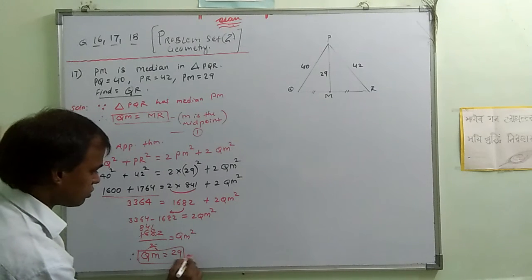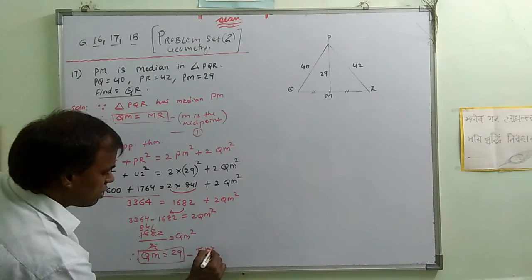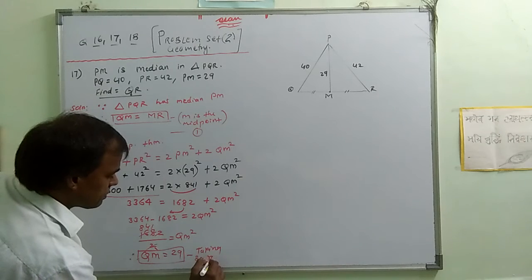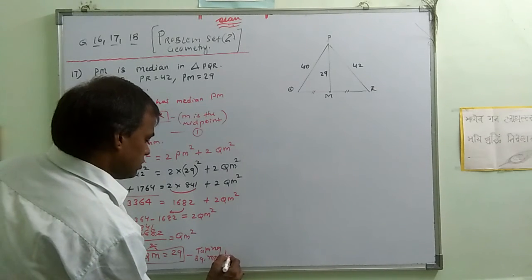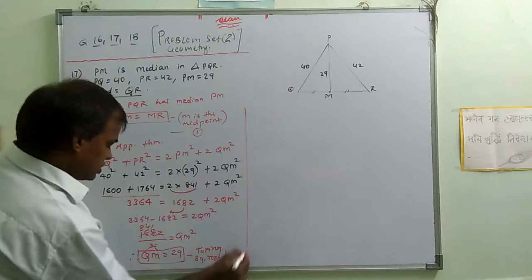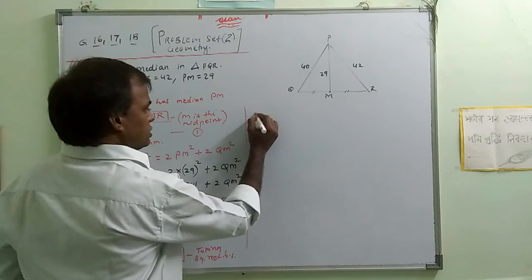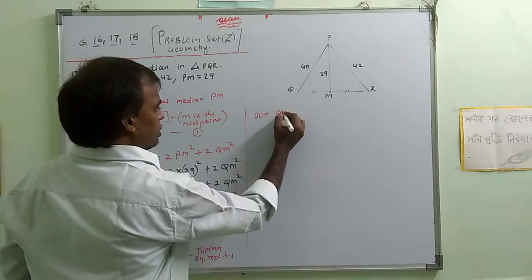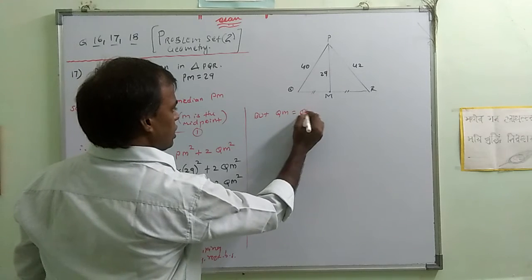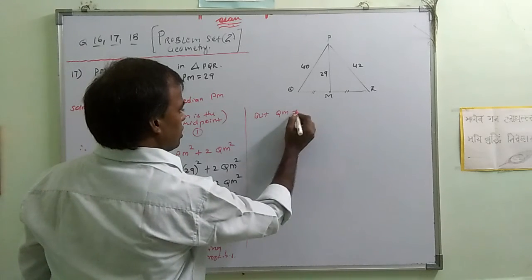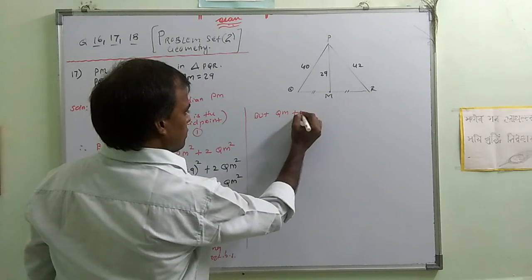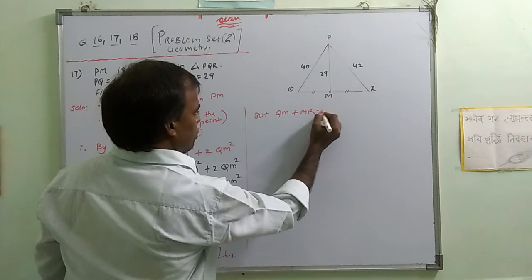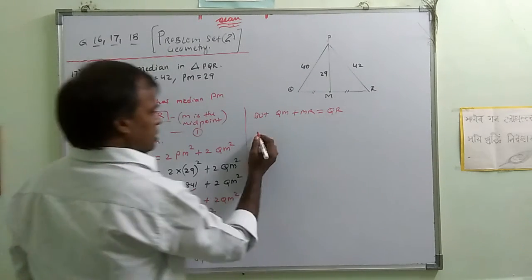Reason: taking square root on both the sides, we get this value QM. But QM equals MR. QM plus MR equals QR.